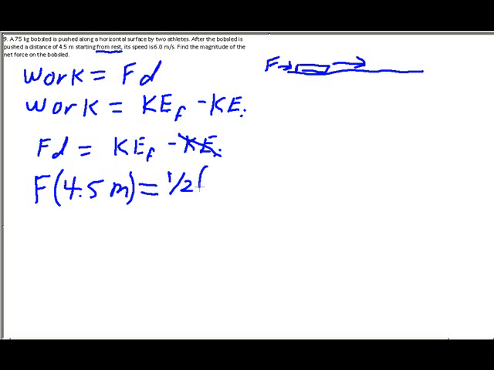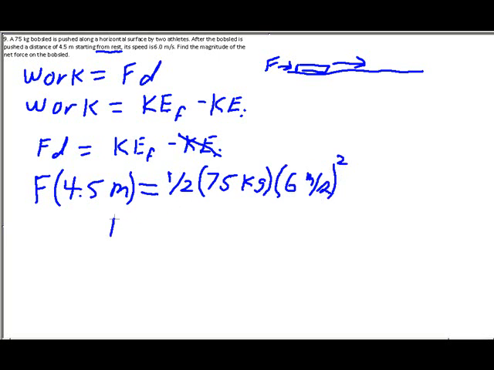Now the mass of the bobsled is 75 kilograms, and the velocity is 6 meters per second, and we square that since kinetic energy is 1/2 mv squared.